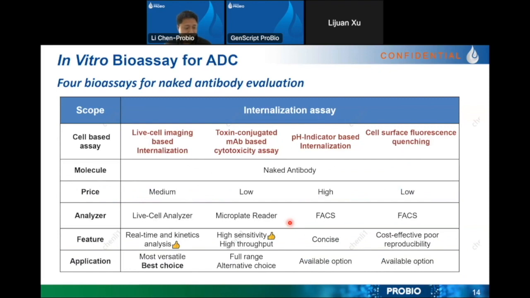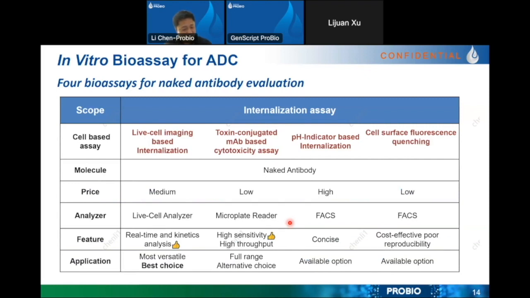With that being said, you may still wonder which one should I choose. So we put all of them together in one table. The live cell imaging approach gives the best data and high throughput capabilities, which makes it the best choice for both larger scale screening and candidate characterization.